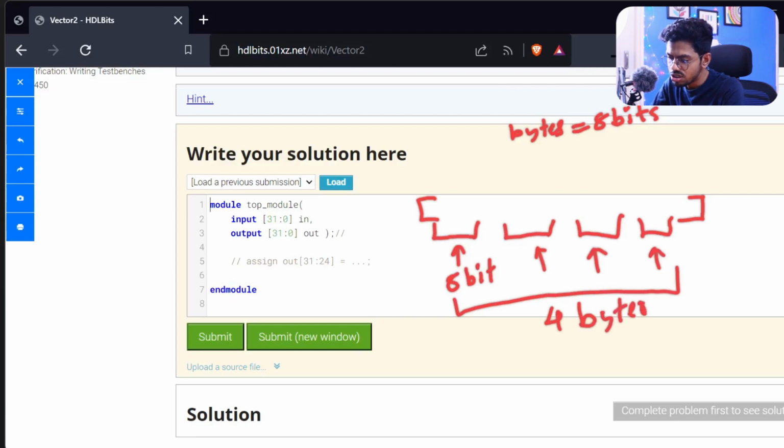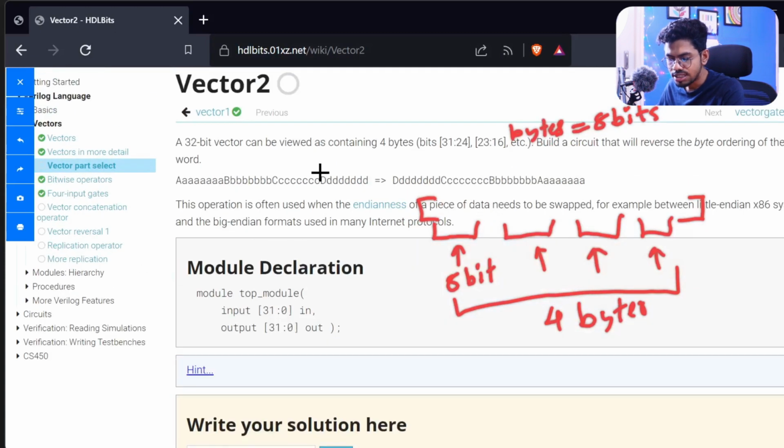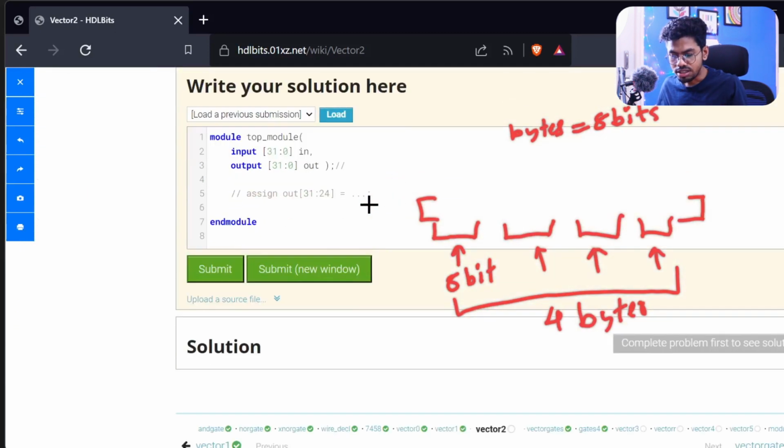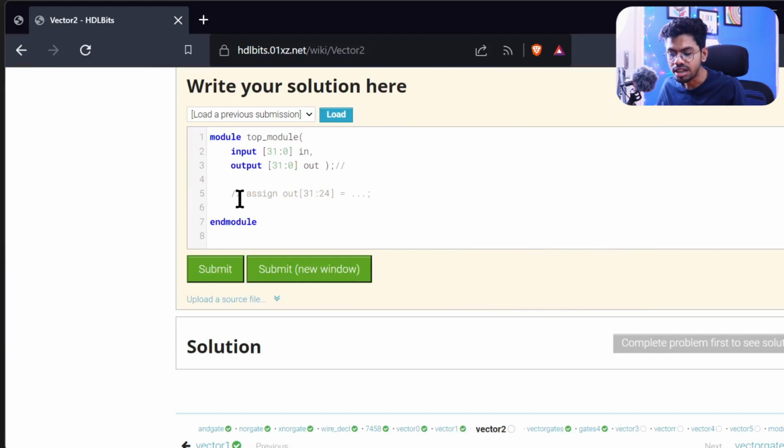If you go up to the question, this portion is our input. In the output, see this DDDD, the last byte or the lowest 8 bits need to be the most significant 8 bits in your answer. It's very simple. They have actually given a hint also here, and we can take it out.